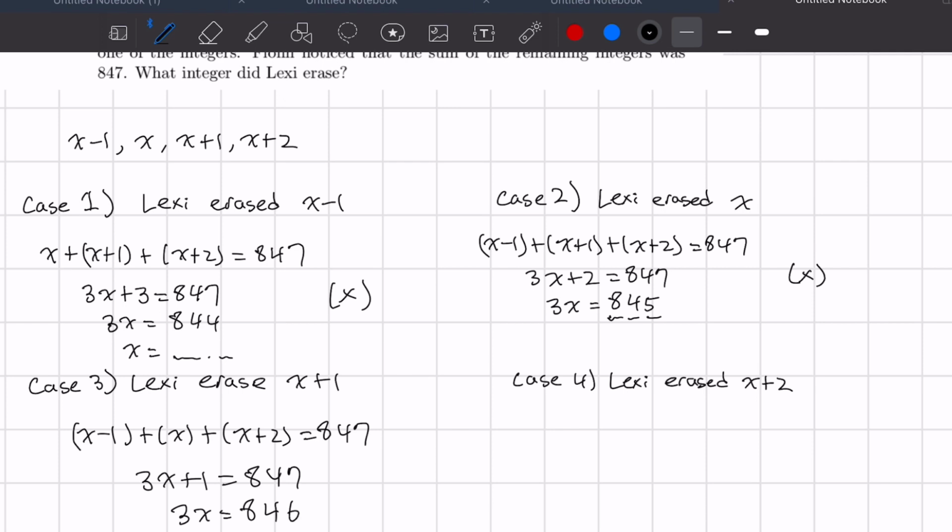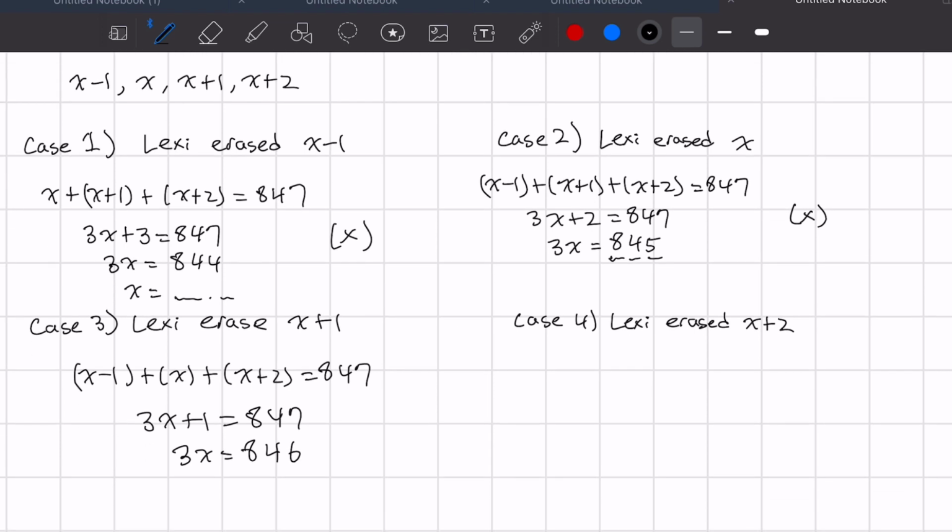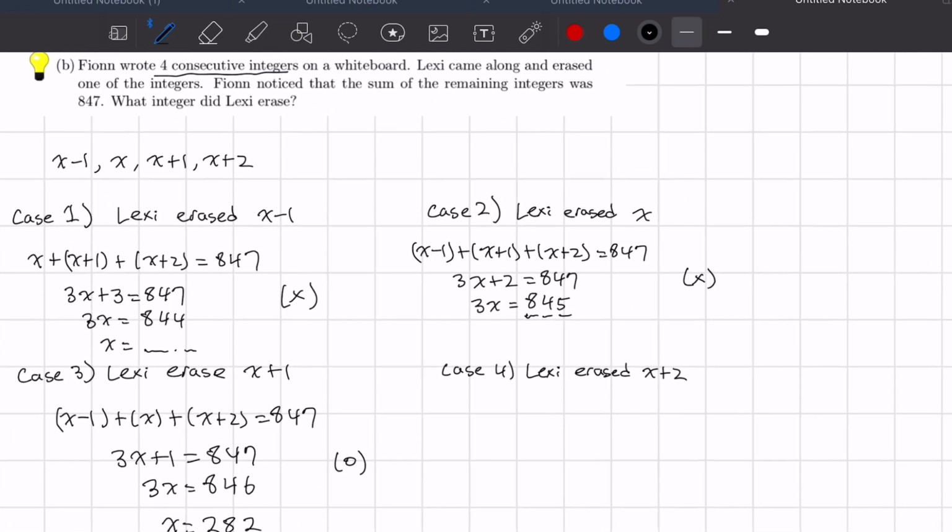And from this, I already know that 846 is divisible by 3, because 8 plus 4 plus 6 is equal to 18. So you could plug into a calculator if you like, but this equals 282. So this case works, and I already know that this will be the only case that works, but to make sure, I will try case number 4.